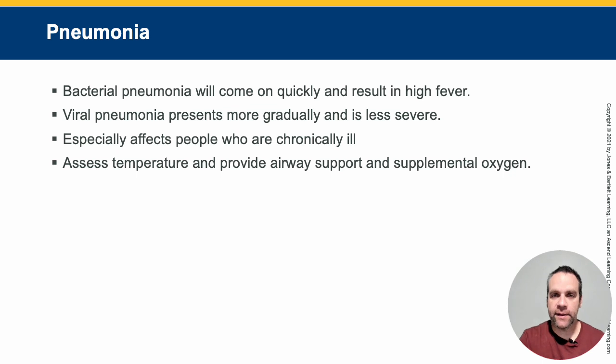Now, pneumonia can be bacterial, which tends to have a rapid onset with a high fever and productive cough, or viral, which usually presents more gradually and is often less severe. But regardless of the cause, pneumonia is especially dangerous for people who are chronically ill, immunocompromised, or elderly, as they might not be able to mount a strong immune response, and it can deteriorate quickly.